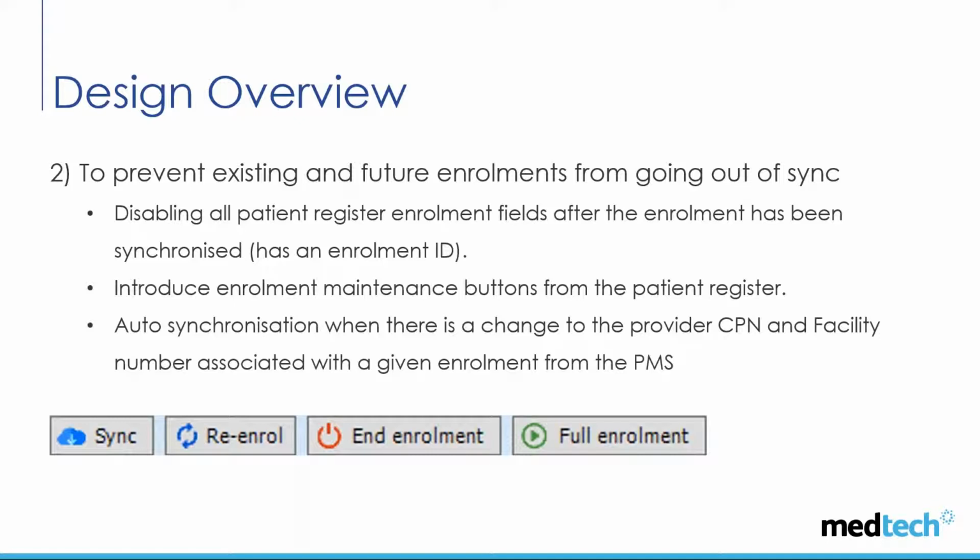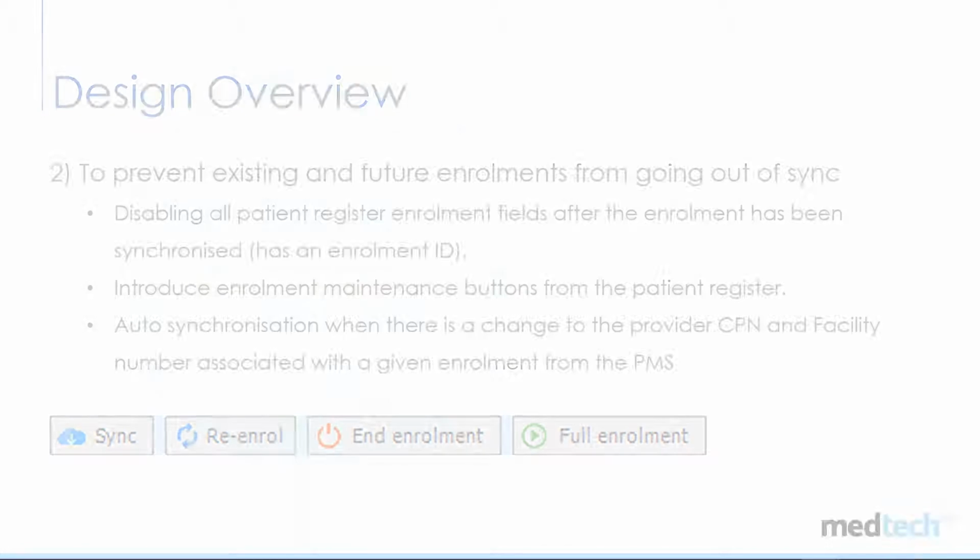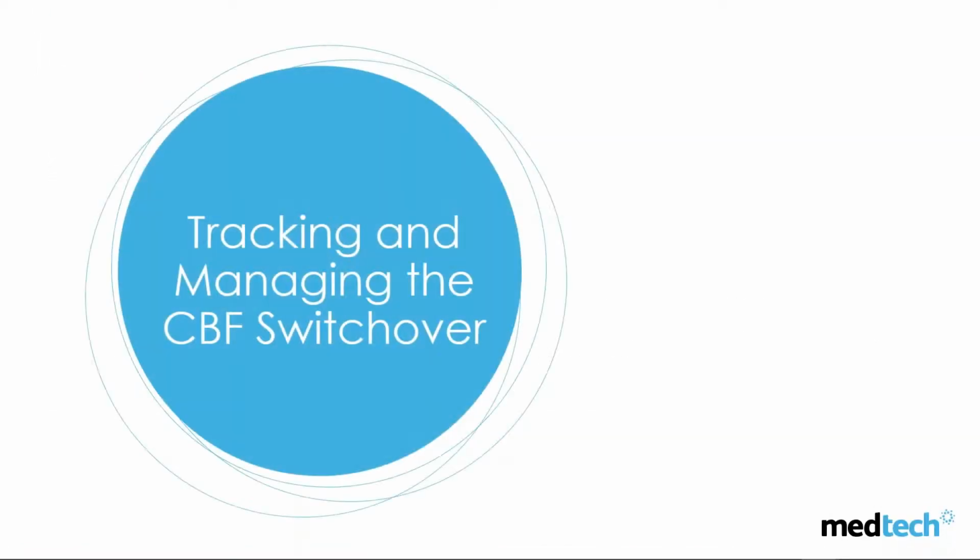The second part of the design involved us looking at how to prevent the synchronized enrollments from then going out of sync again. So this involved disabling all patient register enrollment fields after the enrollment has been synchronized, which is required to prevent changes being made to the PMS enrollment without changing the NES enrollment.